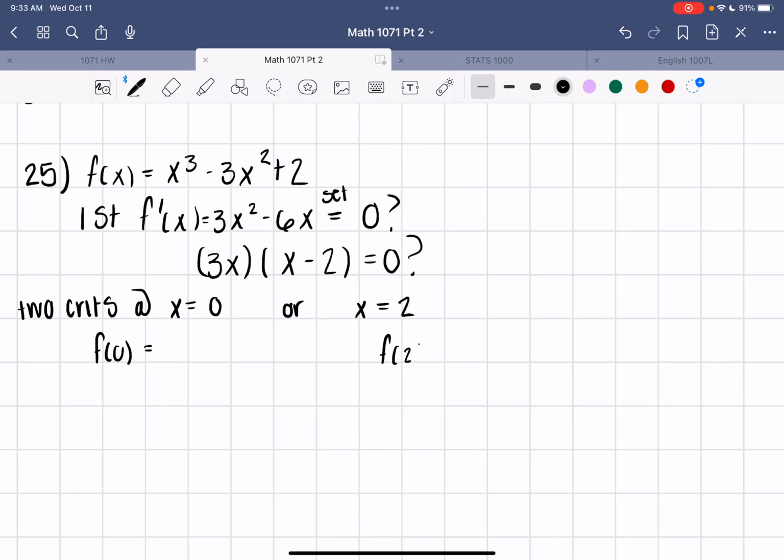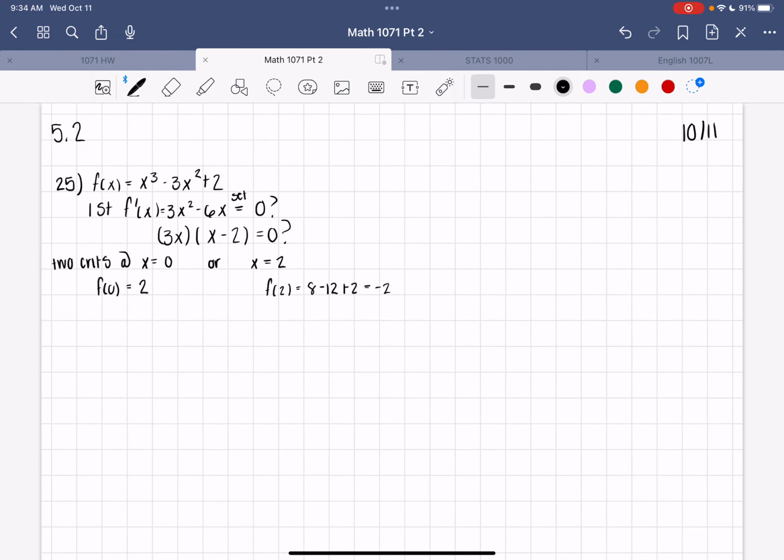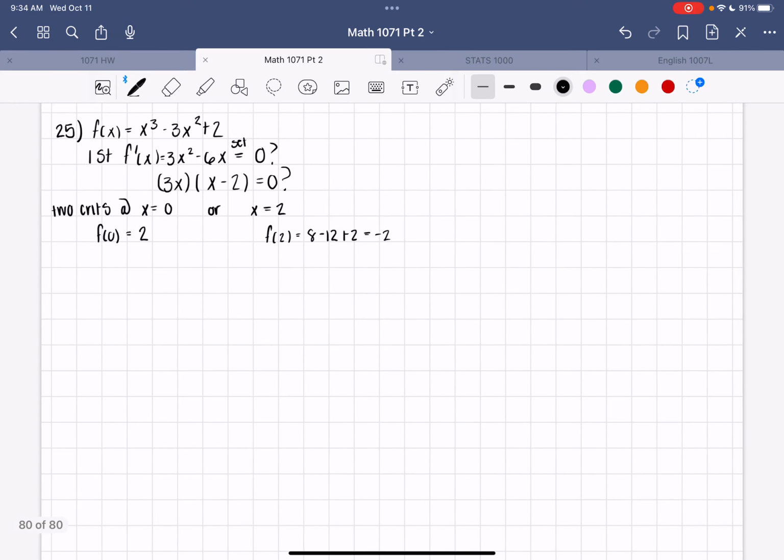So at 0, I have one critical point at a height of 2. And where x is equal to 2, I've got a y coordinate of negative 2.